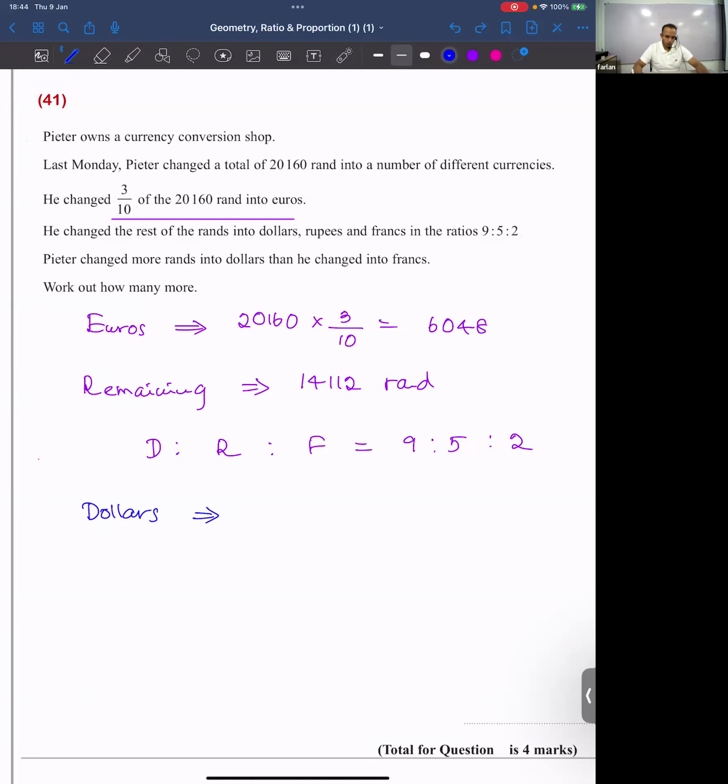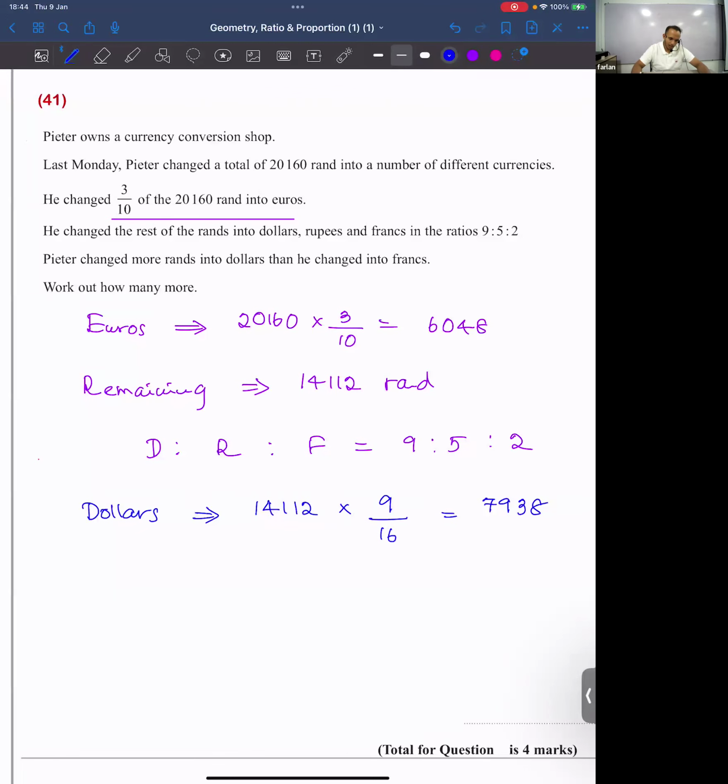Correct? So from the remaining 14,112, the number of rands that he converted to dollars will be 9/16. That is 7,938. He converted 7,938 into dollars.